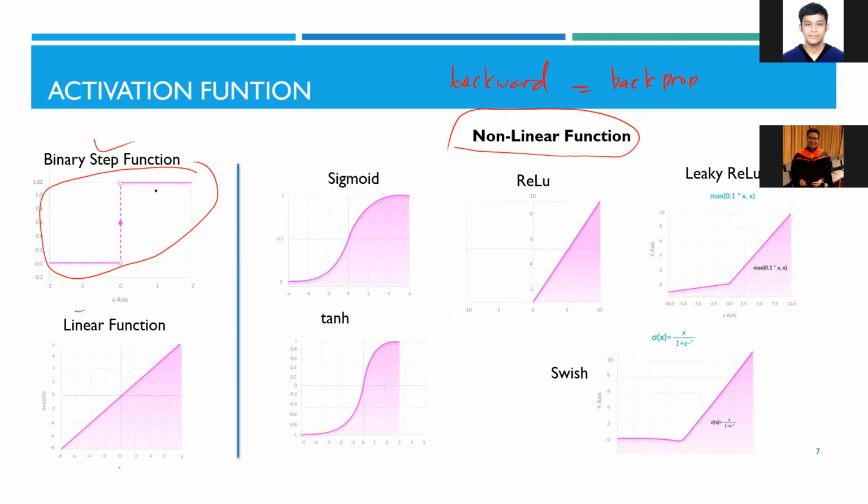We cannot use backpropagation because the basis of backpropagation is using derivatives. If the function cannot be differentiated, we cannot use that activation function. So please remember, for the backpropagation algorithm we have to choose a continuous activation function, not a discrete one.